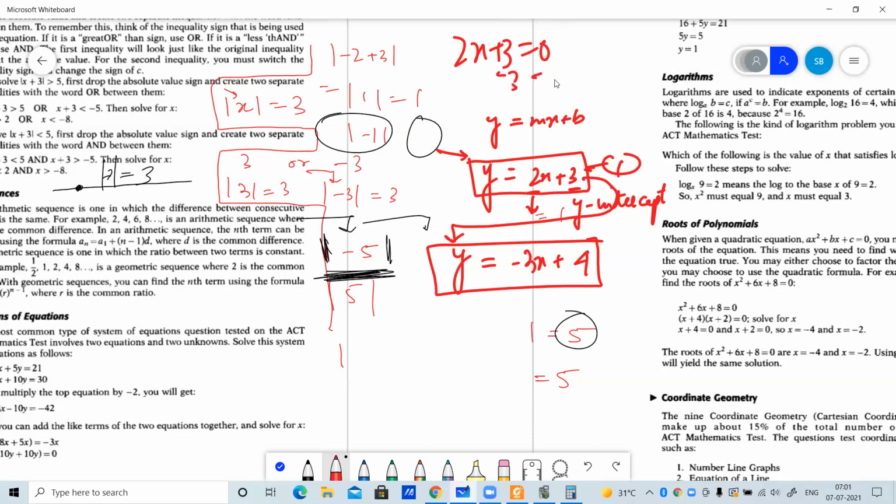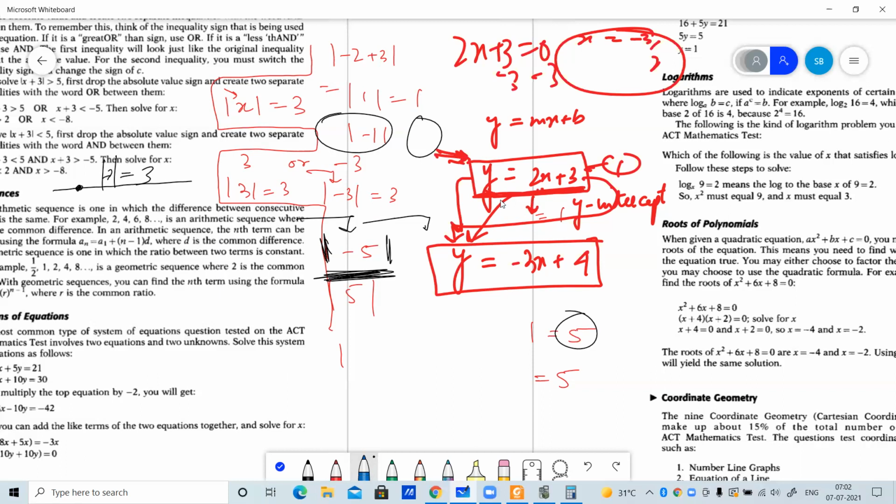We were subtracting 3 from both sides and then dividing by 2 on both sides. We got x equals negative 3 divided by 2. And this was solving one equation. Now, if you have two equations, y equals 2x plus 3 and y equals negative 3x plus 4, you can also solve them. How? Just put the value of y from one equation into the other. If y equals 2x plus 3, then can't you plug in the value of y as 2x plus 3 in the second equation? When you do it, you will get the answer.